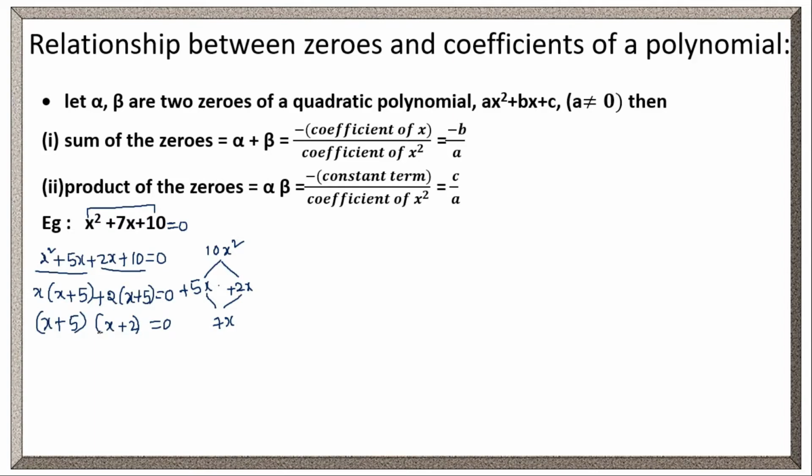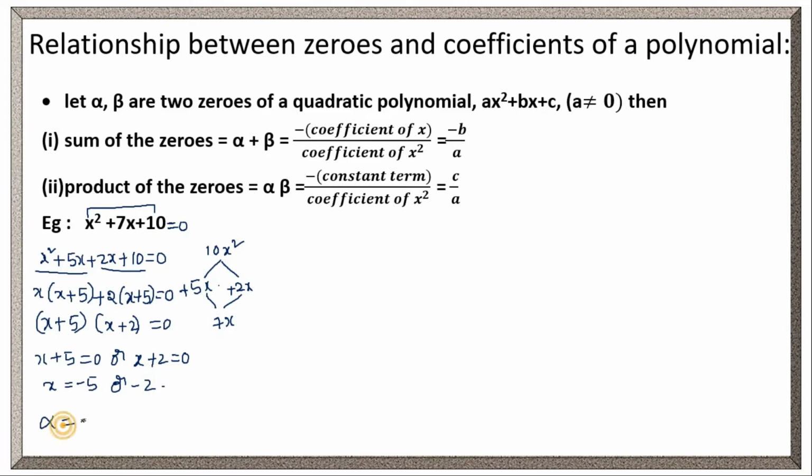The product of any two polynomials being equal to 0 means either the first polynomial equals 0 or the second polynomial equals 0. So x plus 5 equal to 0 or x plus 2 equal to 0. That means x equal to minus 5 or minus 2.